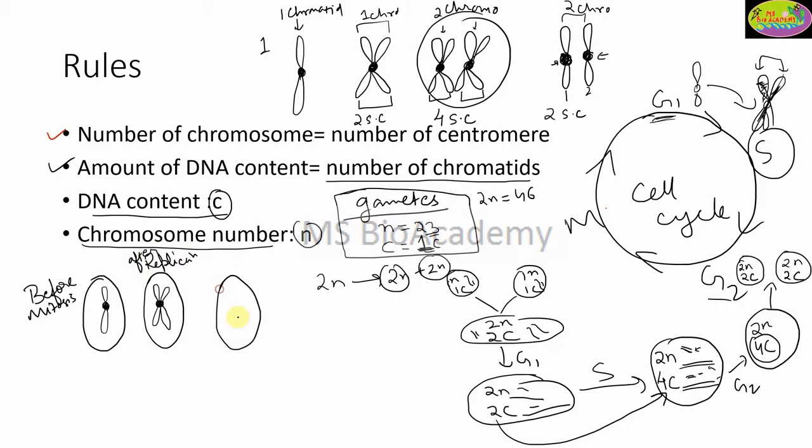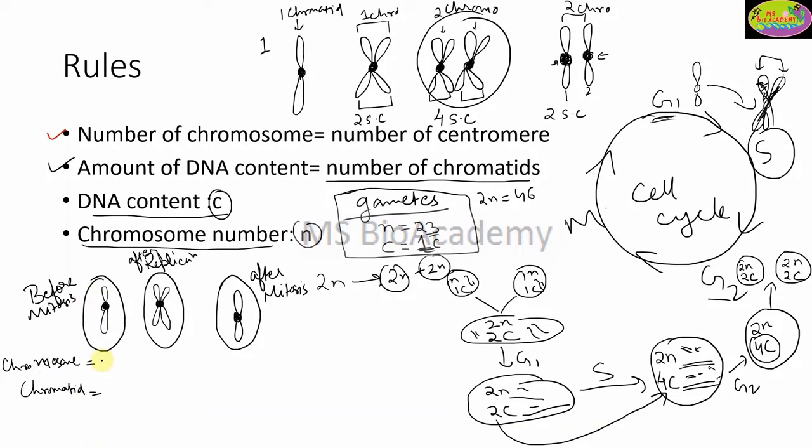Now again, just after mitosis, this will be the condition. Okay, so this is after mitosis. So what you can say here, the chromosome number is 1. Let's suppose here I write chromatid number, and this is your chromosome number. So let's write it down.